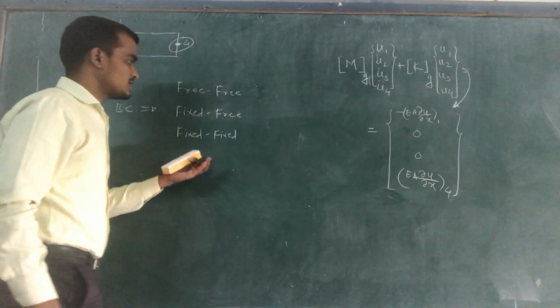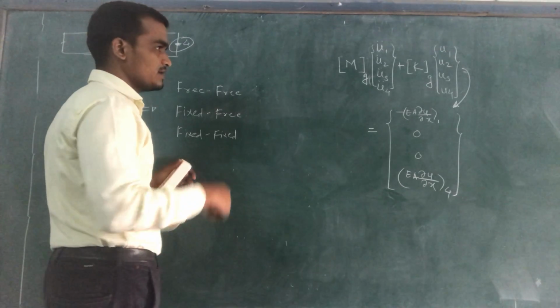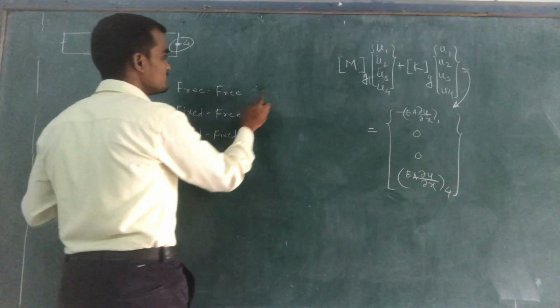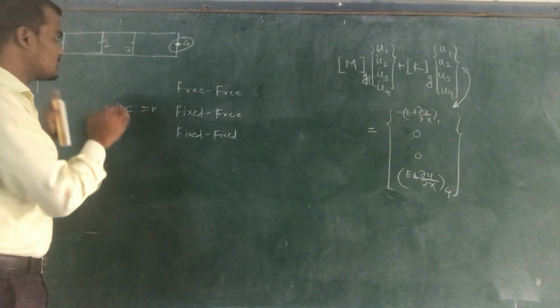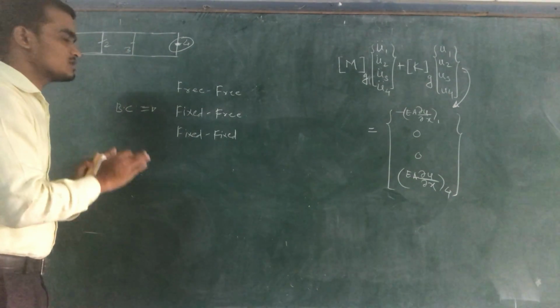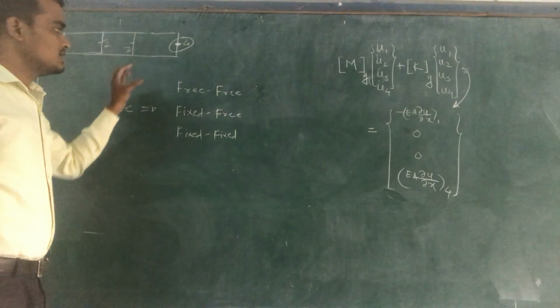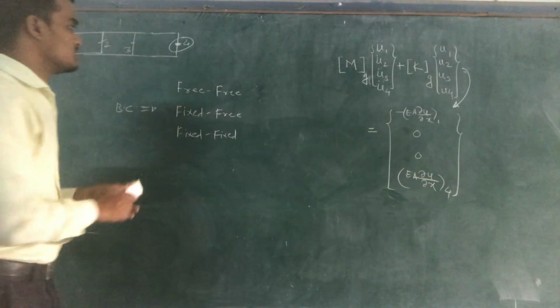Free means both ends are free. If both ends of the body or structure are free, then we can say this boundary condition is a free boundary condition.